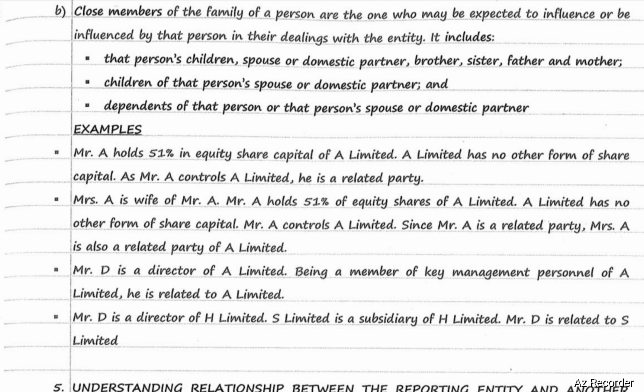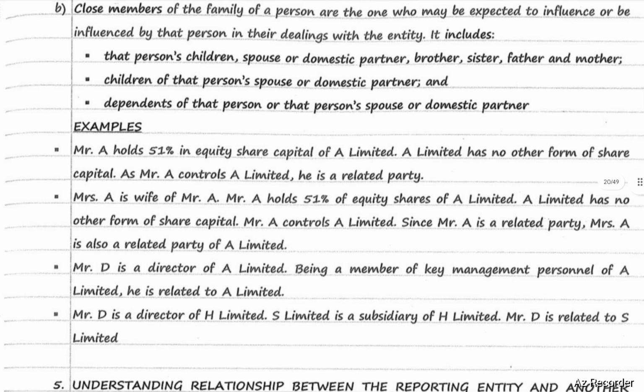It includes that person's children, spouse or domestic partner, brother, sister, father, mother, children of that person's spouse or domestic partner, and dependents of that person or that person's spouse or domestic partner.